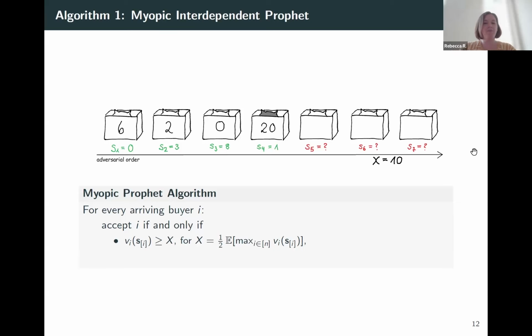So we're trying it, and then let me just say why not. So assume that you see these myopic bidders. Say the fourth one just arrived, so you know the first 4 signals, the green ones, and you know that this guy has a value of 20, which is fine, right? However, actually what you also know is something about the later arriving bidders.